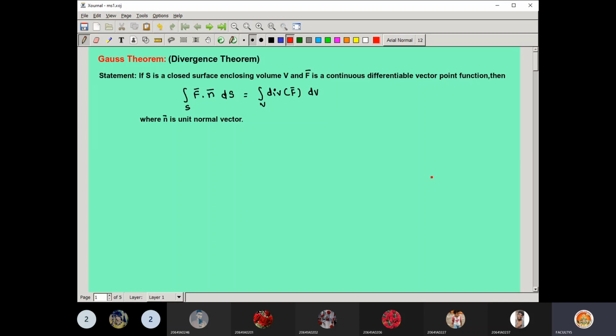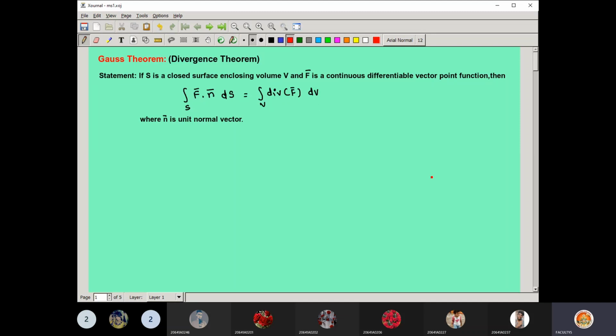Its formula is integral over S of F bar dot n bar dS exactly equal to integral over V of divergence of F bar dV.